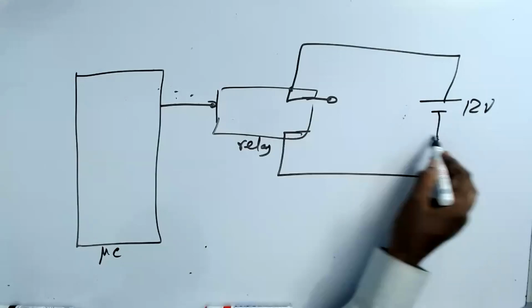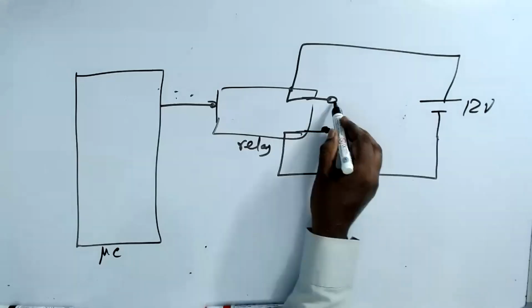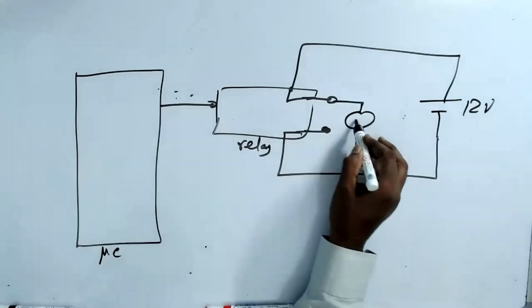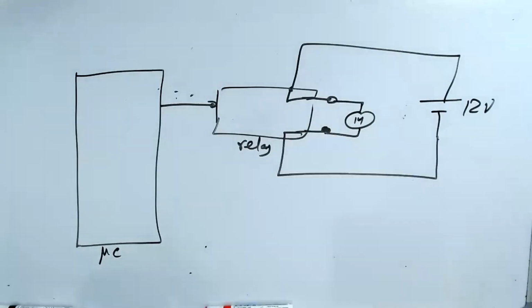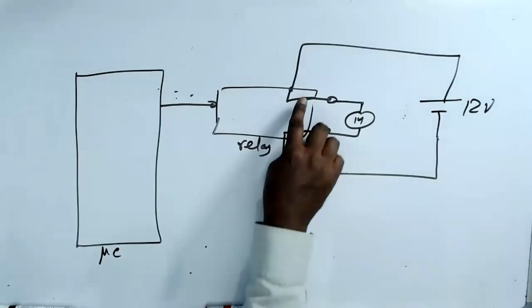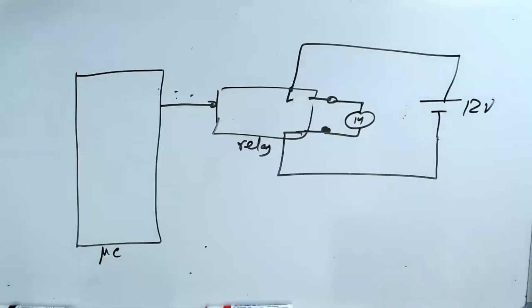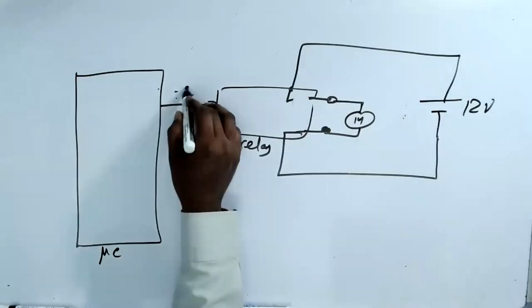You connect a motor here. Now, internally there will be a switch, and the switch will be on or off. If I give 0 volt here, the switch is off, so the motor is off.